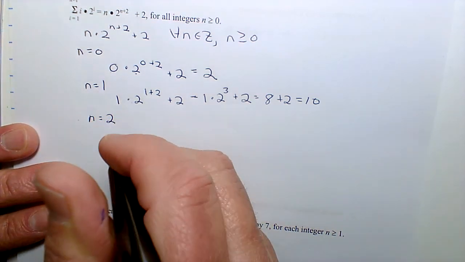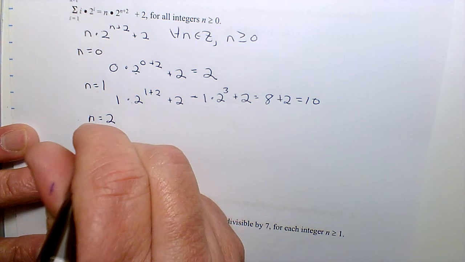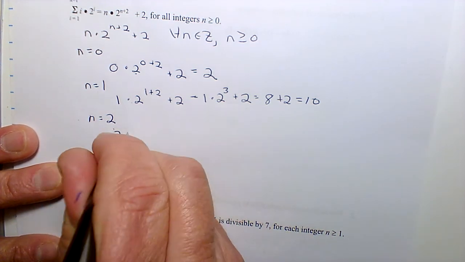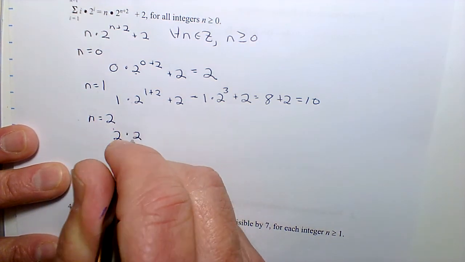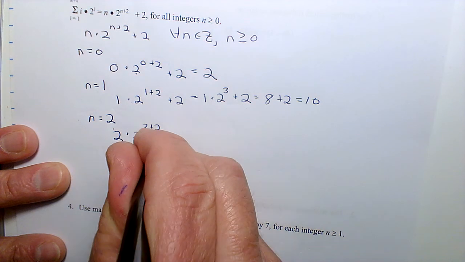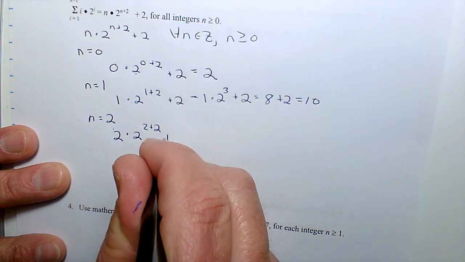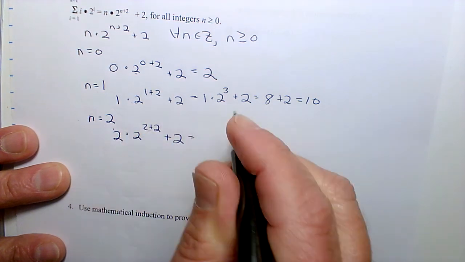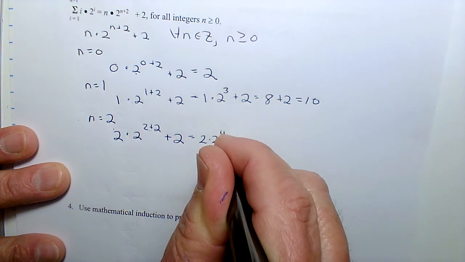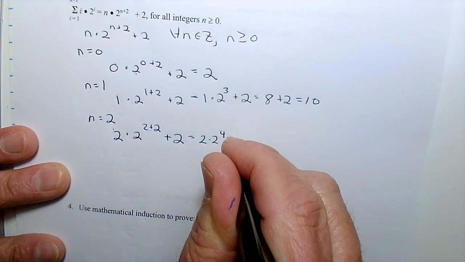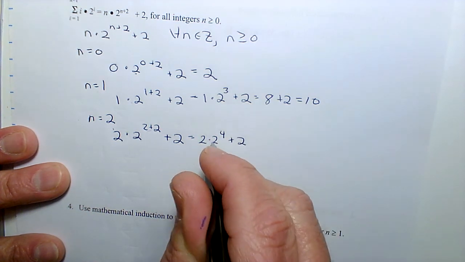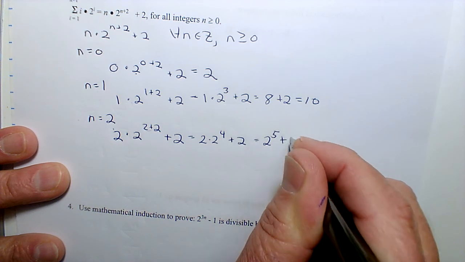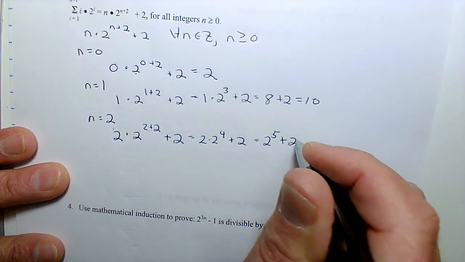When n equals 2, what is this going to be? It's going to be 2 times 2 to the 2 plus 2, and then down here, plus 2. Well, this is 2 times 2 to the fourth. In other words, it's 2 to the fifth plus 2.